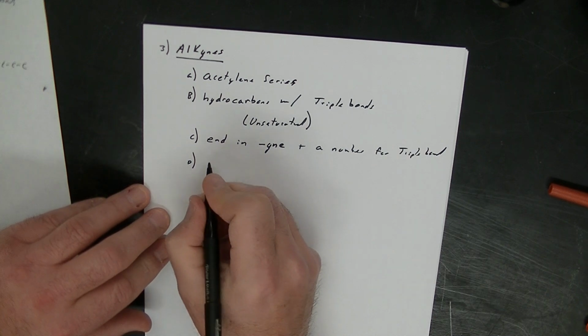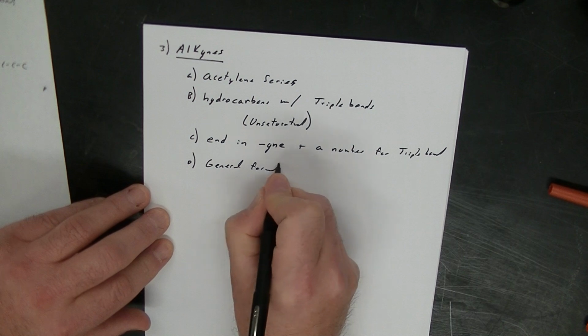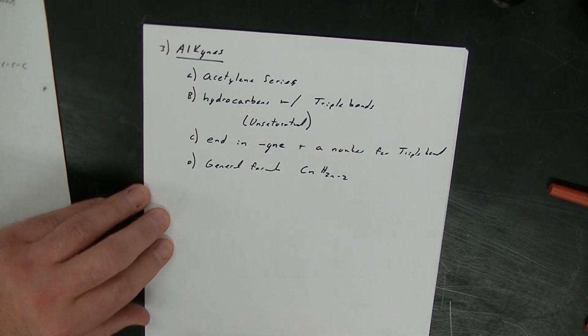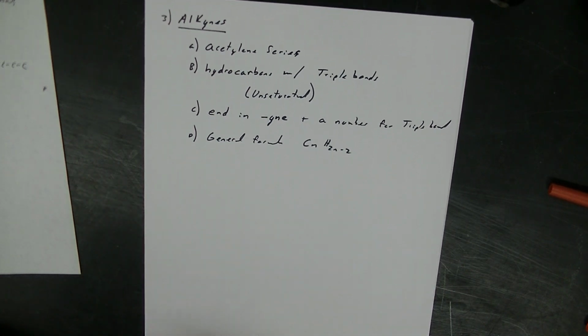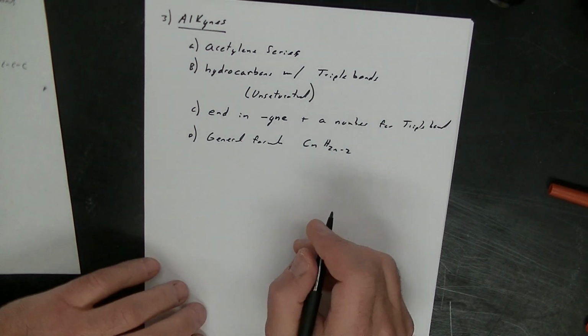And our general formula for this group is CnH2n-2. All right.